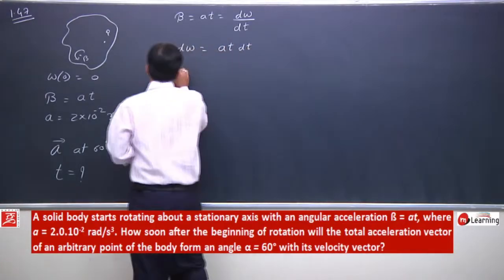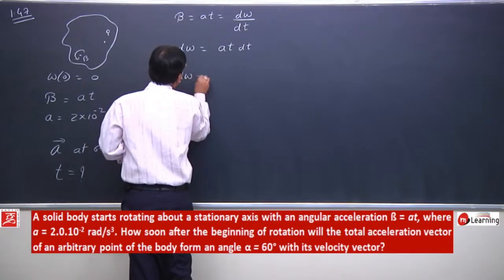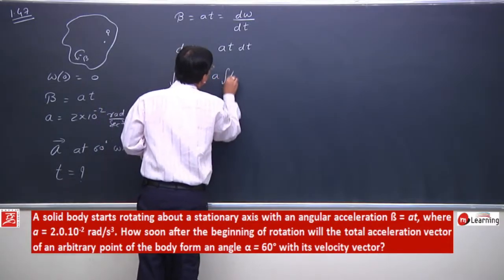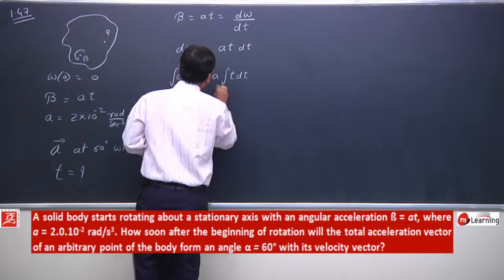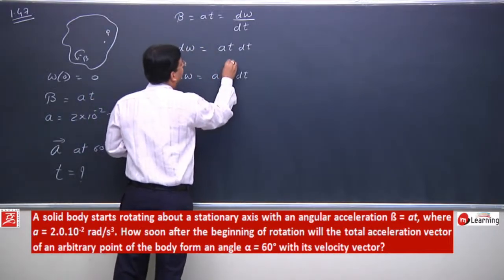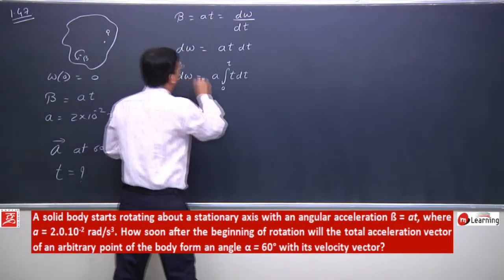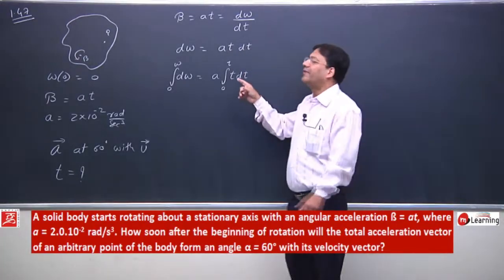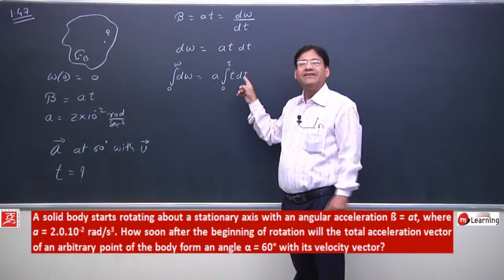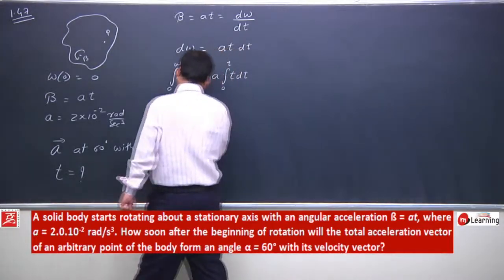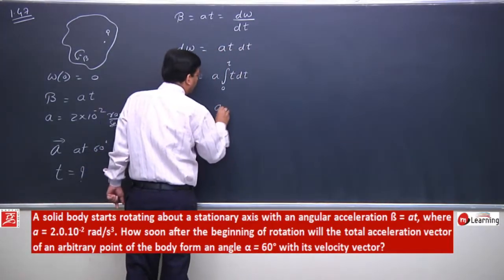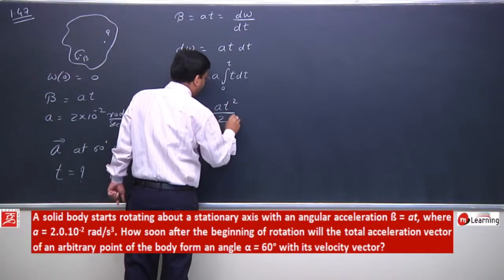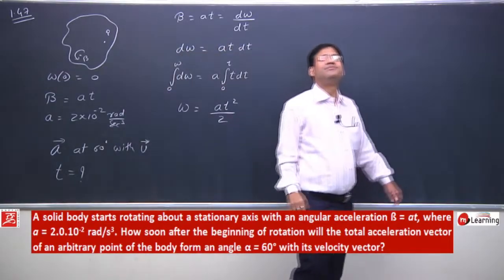I can integrate it. Integral of d omega is a times integral of t dt. At 0 time, angular velocity is 0. At any time t, angular velocity is omega. Integral of d omega is omega, and t dt gives t square by 2. So, omega is equal to a t square by 2. This is the angular velocity at any time.